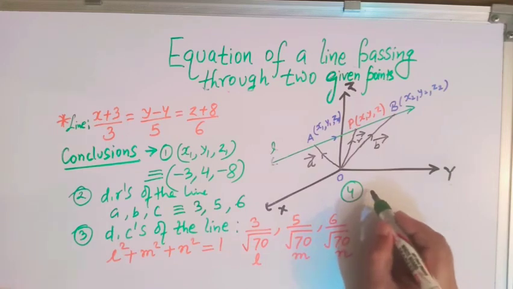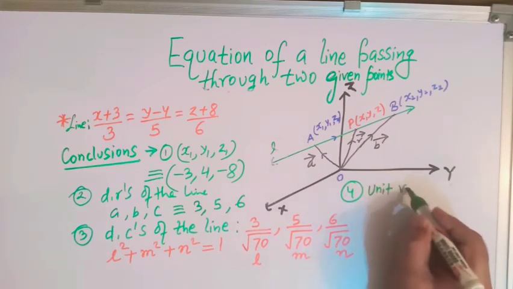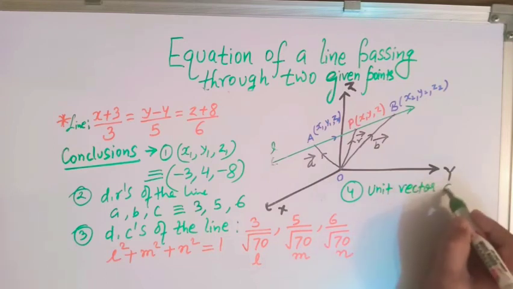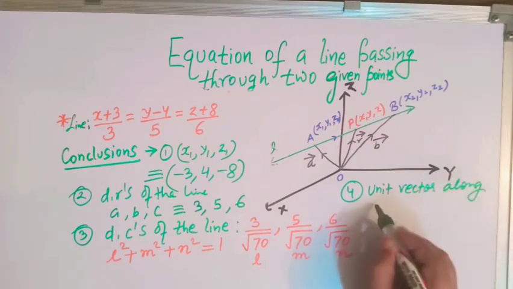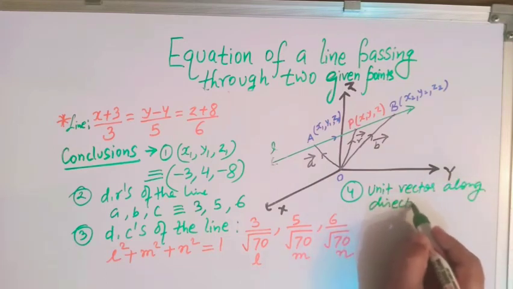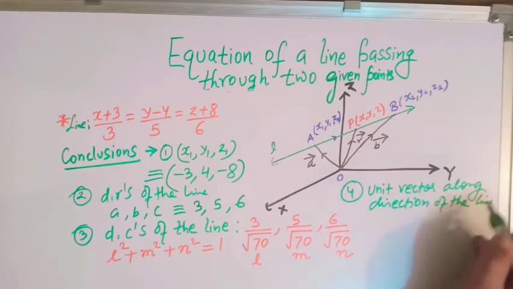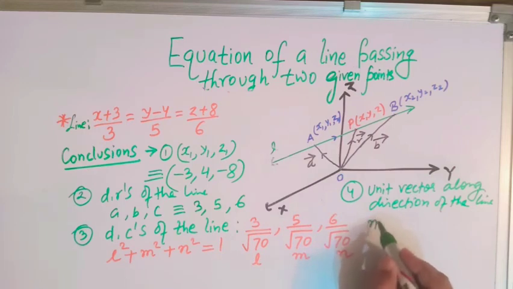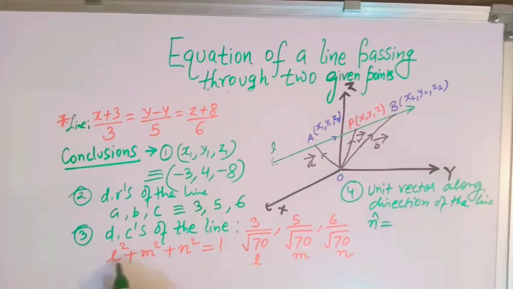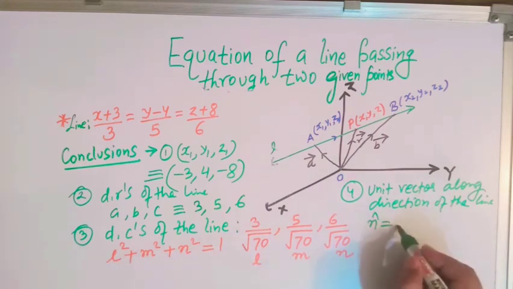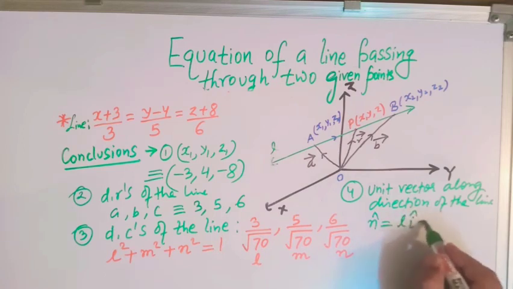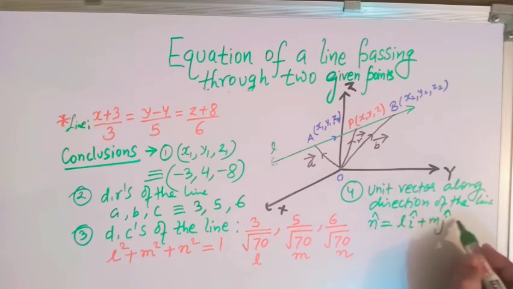Suppose we want to find a unit vector along the direction of the line. So what will be the unit vector? The unit vector will be given by L i cap plus M j cap plus N k cap.